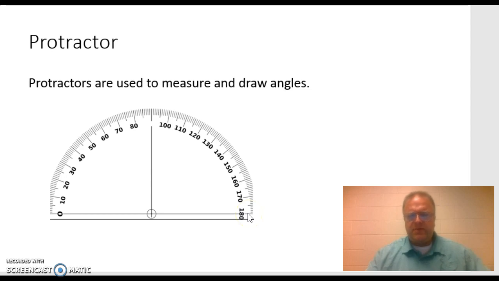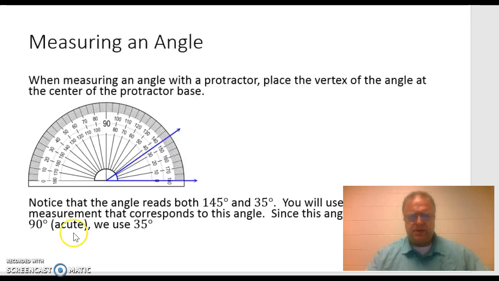An easy way to remember it is if the angle is acute, that means it's smaller than 90 degrees, smaller than a right angle, then your measurement is always going to be between 0 and 90. Now, if your angle is obtuse, meaning greater than 90 degrees, then your measurement is always going to be between 90 and 180. And not on this protractor, but on most protractors, they'll give 2 scales depending on where you put your starting side. So let's take a look at that on the next page here.